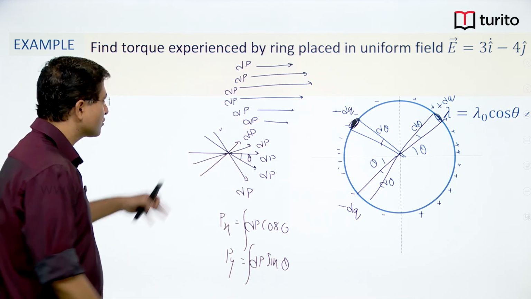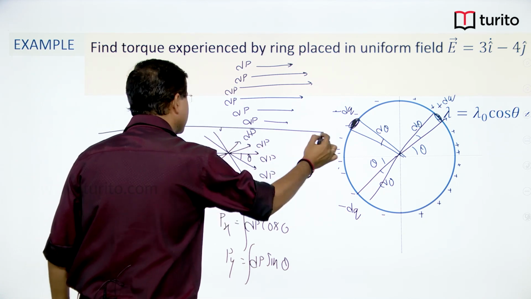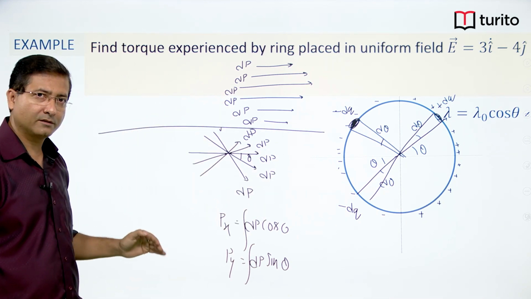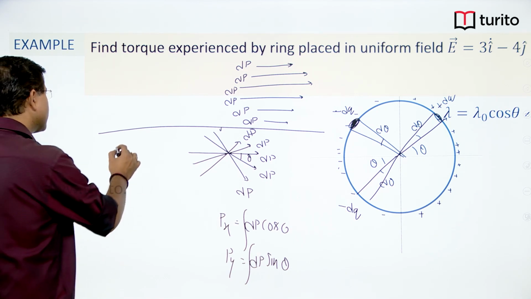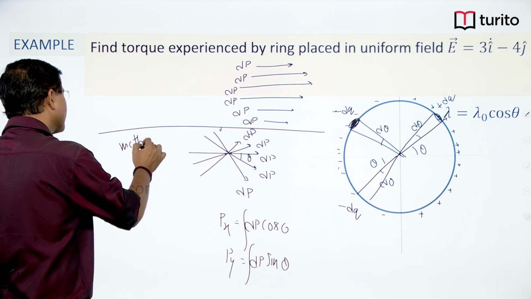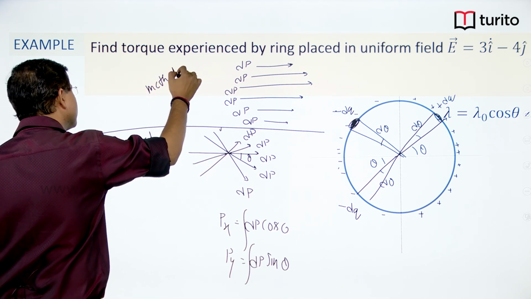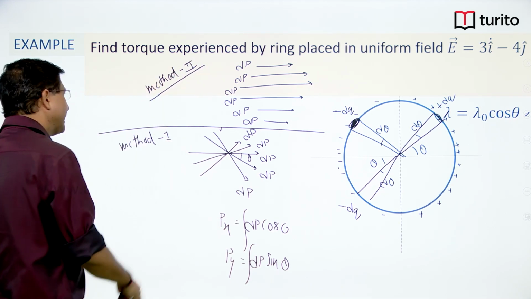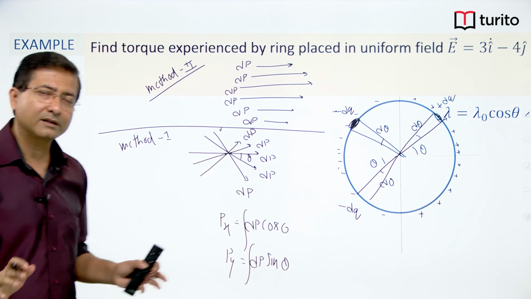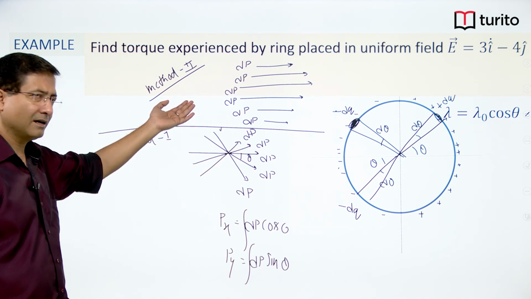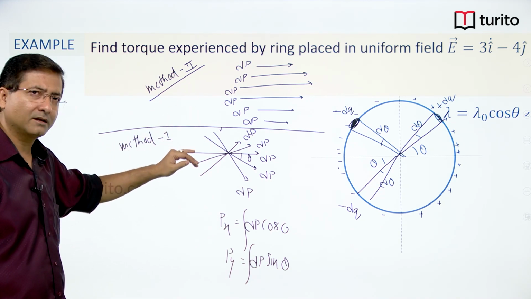Whether you go by this procedure, or you go by this procedure, you are going to get the same result. You can check that, right. So say this is method 1 and this is method 2. Any method you solve the problem, you are going to get the same result, right. It depends on you what suits you. So let us take one of the methods.